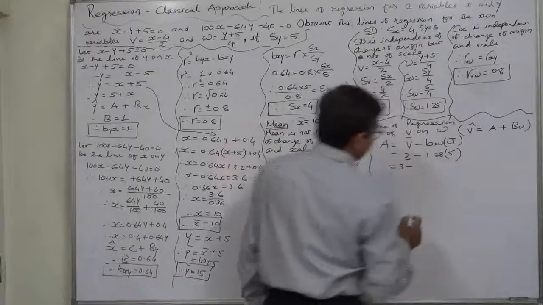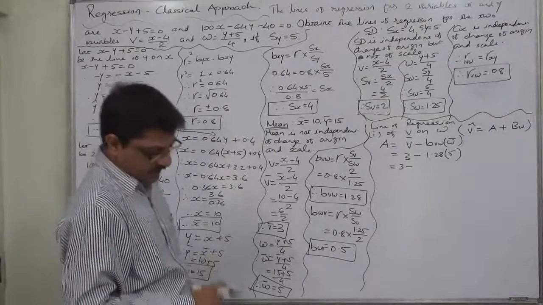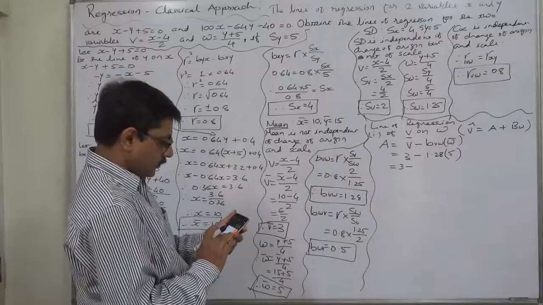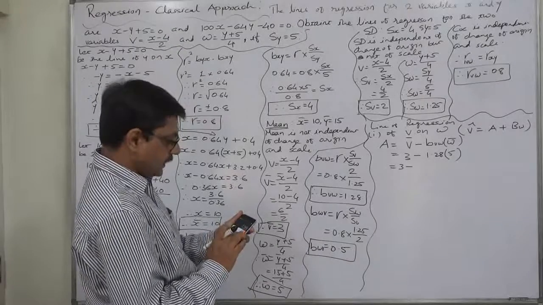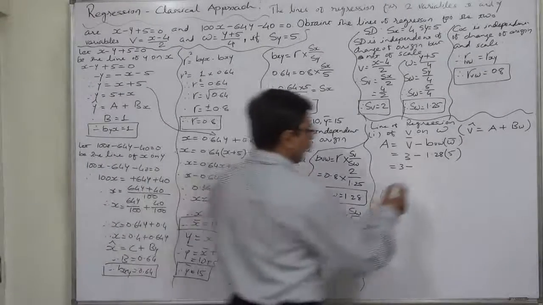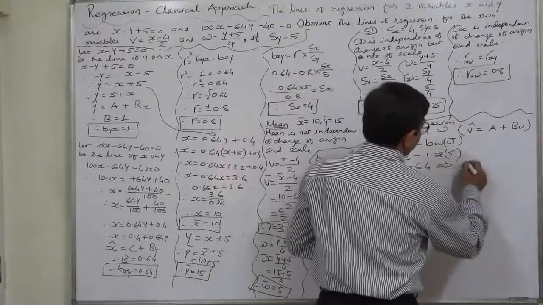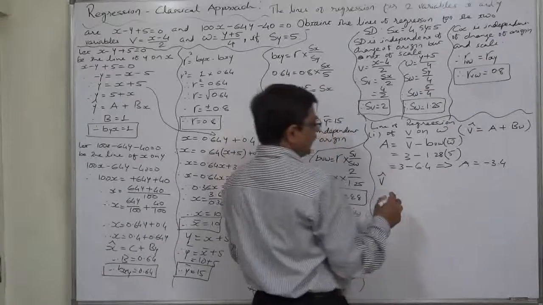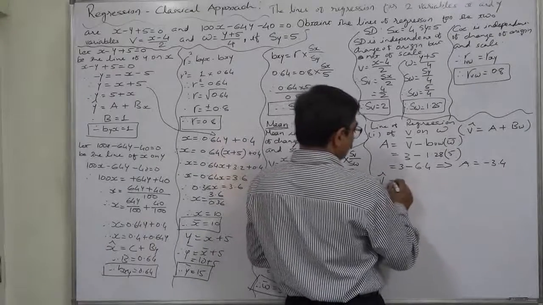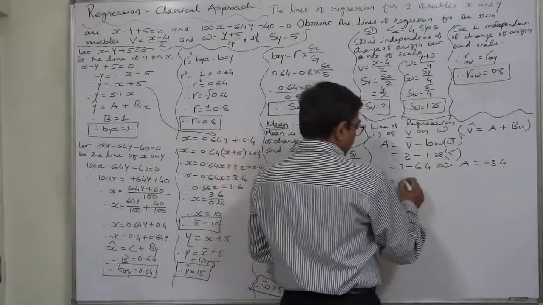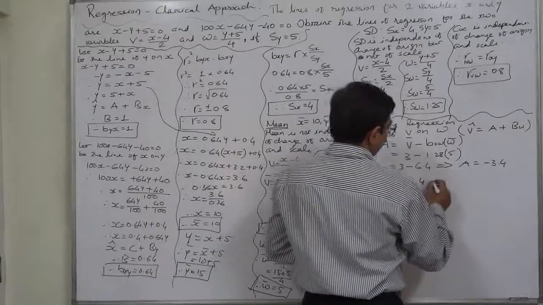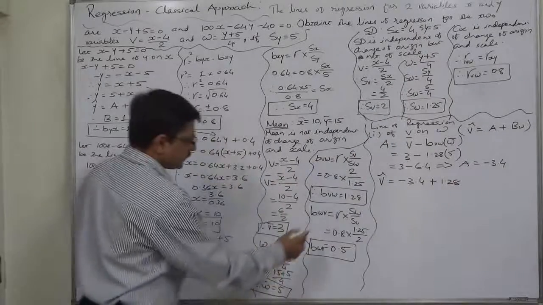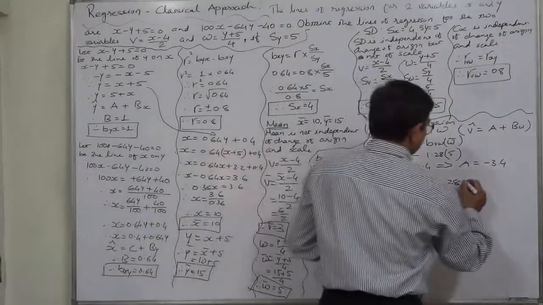So it is 3 minus 1.28 into 5, that comes to 6.4. Therefore, A equals minus 3.4. So the line of regression of V on W comes to V cap equals minus 3.4 plus 1.28 W.